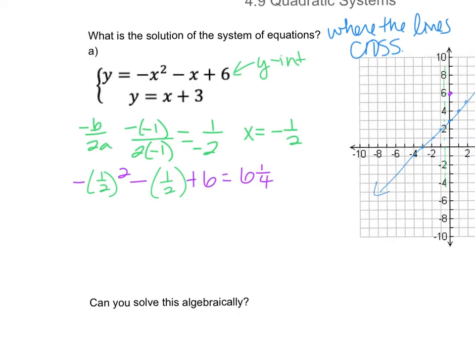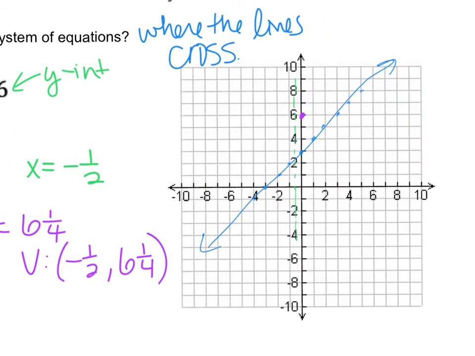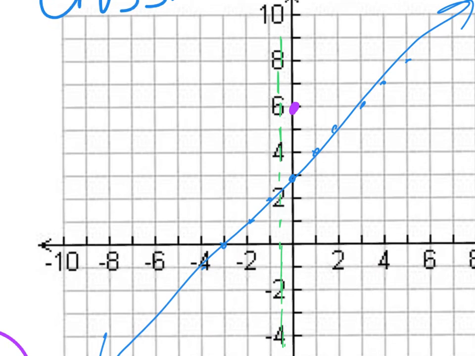Okay, so your vertex of this parabola is at negative 1/2, and then 6 1/4. So that would be about right here.